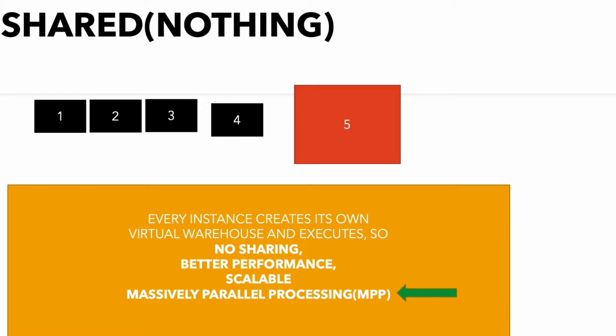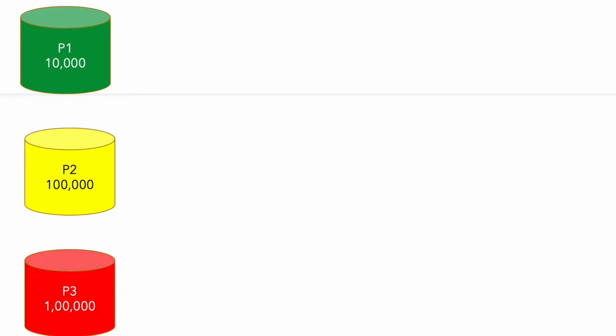Let's take an example. This is the same example I've explained before, but it makes a lot of sense here. Let's say you have a data set with 10,000 rows, P1. Then you have a data set with 100,000 rows, P2. And then you have a last one with 1 million rows, P3. Let's understand how the process in Snowflake works.